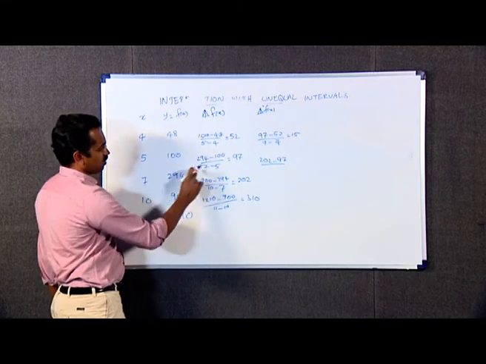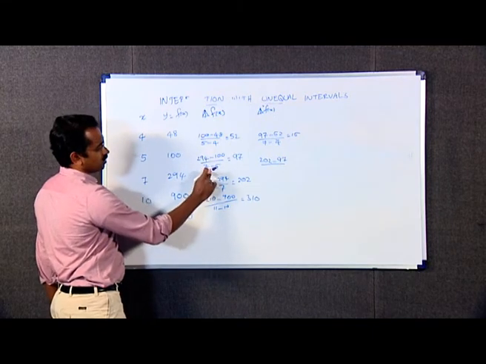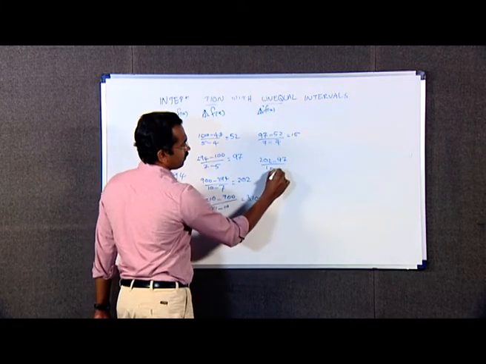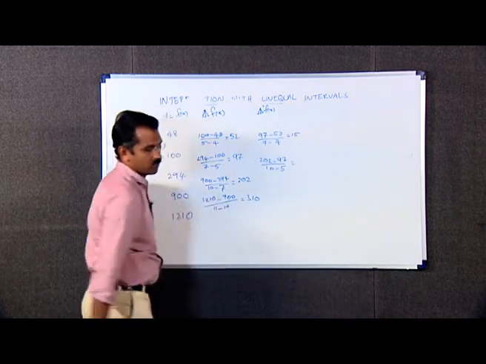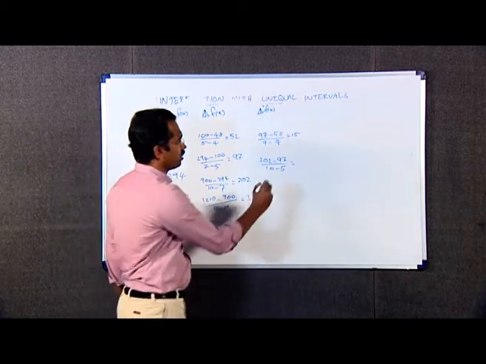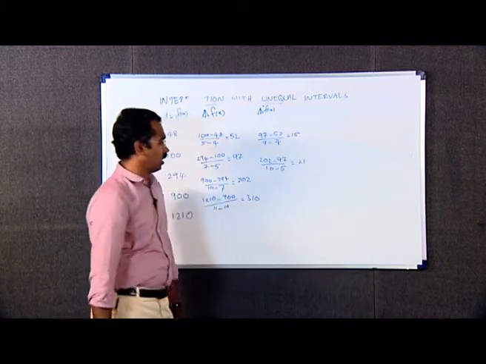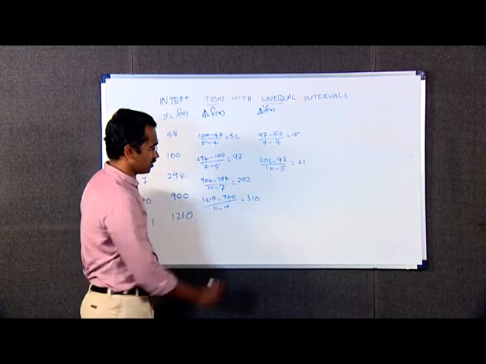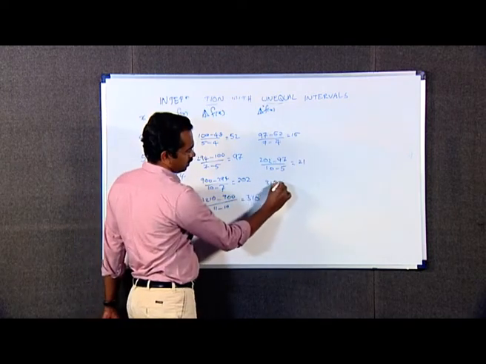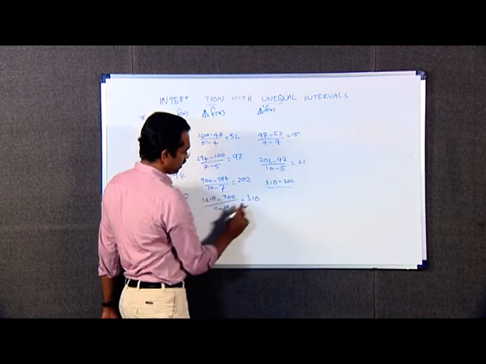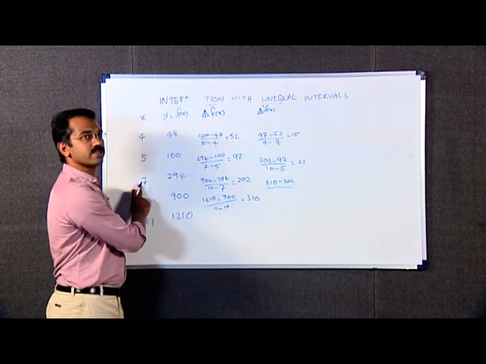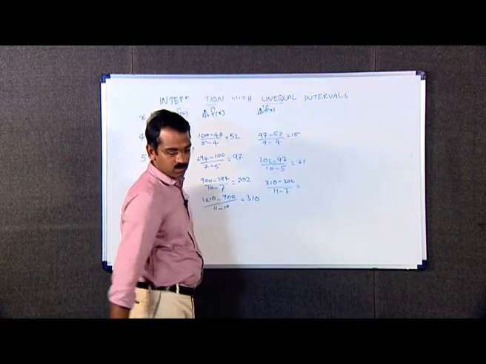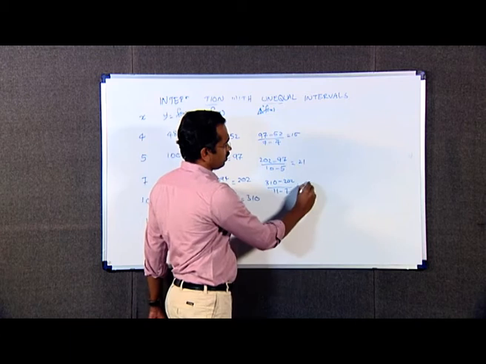Here we used the arguments 5, 7, 10, therefore 10 minus 5. The value is 21. And the next second order divided difference is 310 minus 202 divided by 11 minus 7, that is equal to 27.